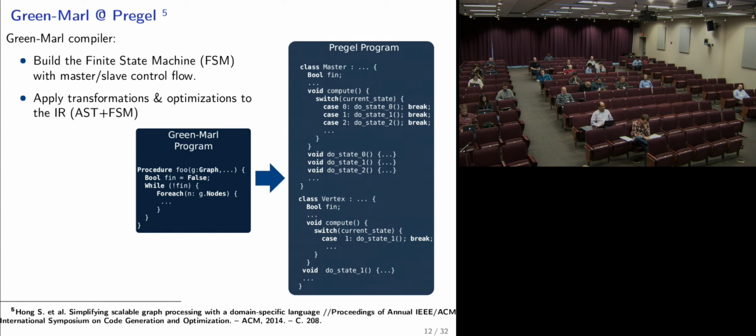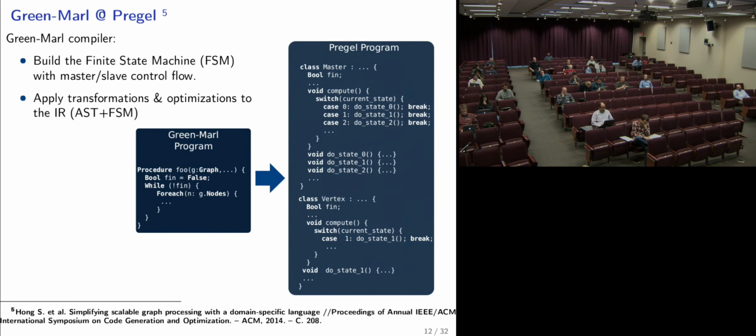But for the compiler, it's not so important, and I think almost 80% or maybe 90% of the effort for translating Green-Marl programs to Charm++ was solved when the developers of Green-Marl designed backends for Pregel.